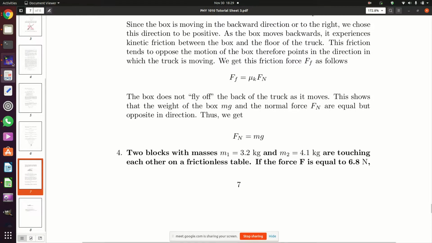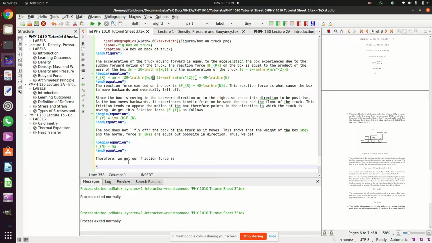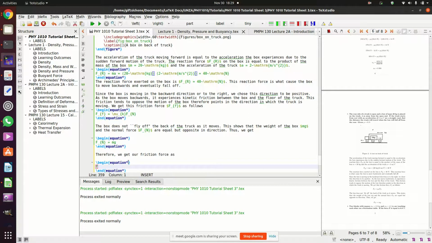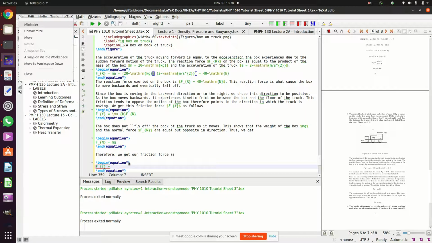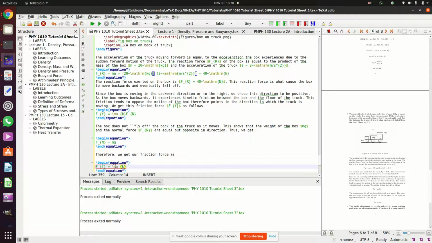Yes. Therefore, we find the friction. We get our friction force as F_f equals mu_k mg.